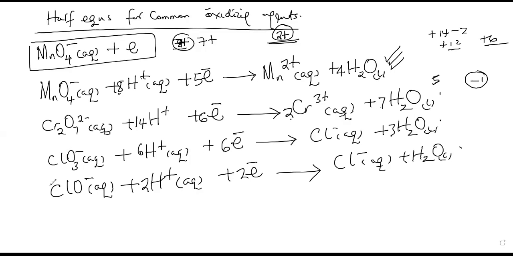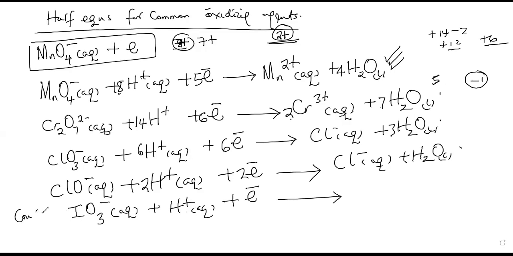If you have acidified iodate ion, when the iodate ion is acidified, it will act as an oxidizing agent by gaining electrons. It gains those electrons, which it removes from the other side. For iodate, you need to note what type of acid they have used.